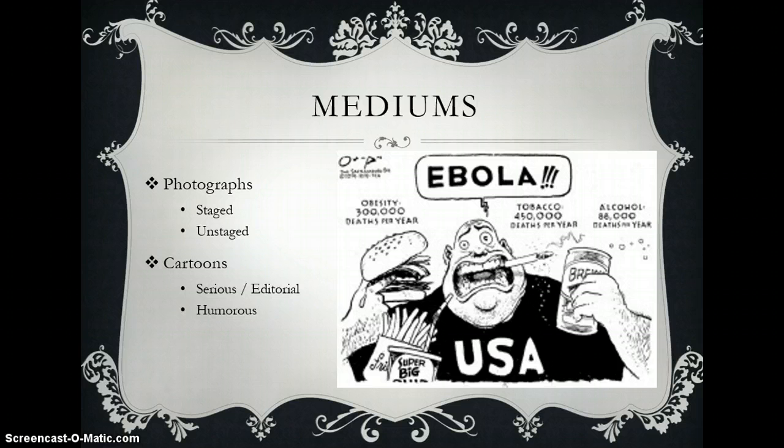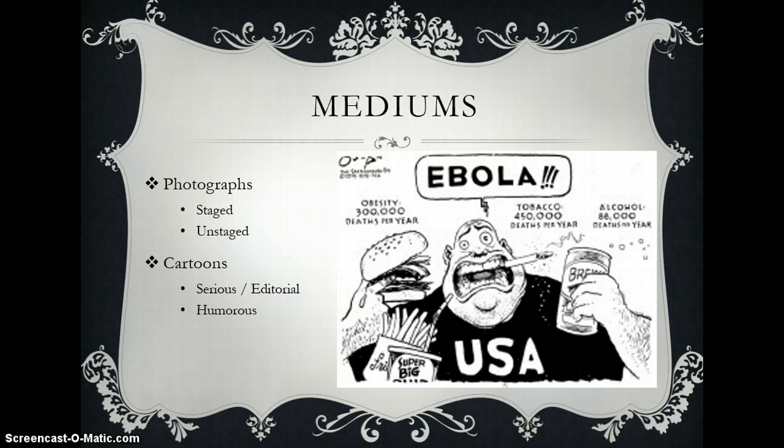So for instance, in this cartoon, you have Ebola, and it appears to be the character's main thought. But on the side you see the author's actual feelings about this character and characters like this person. So you can look at how the author makes many assertions about Ebola, obesity, tobacco, and alcohol.